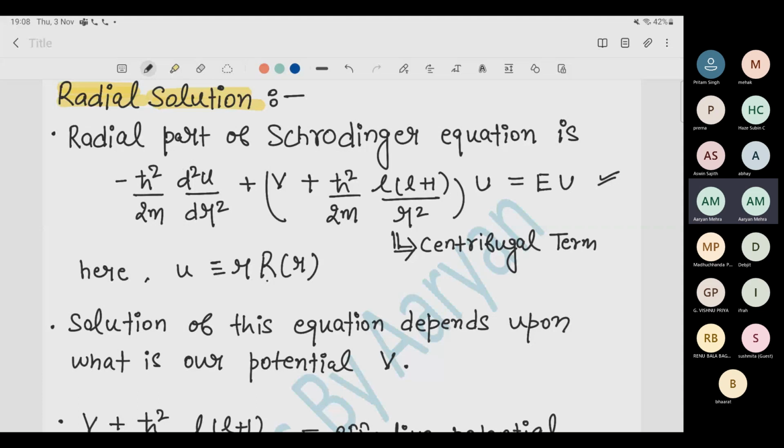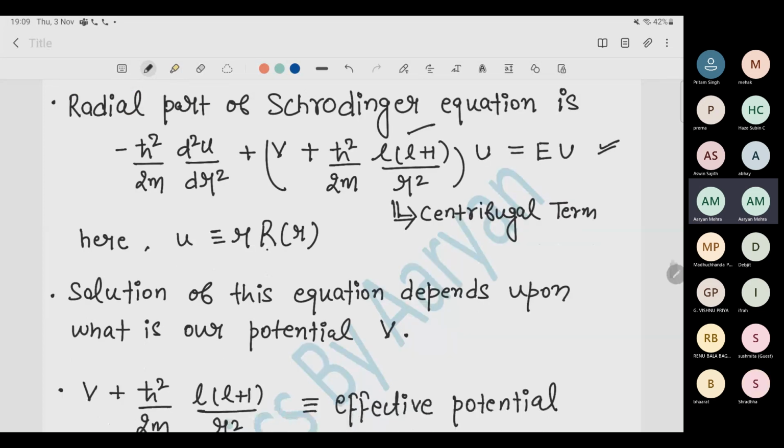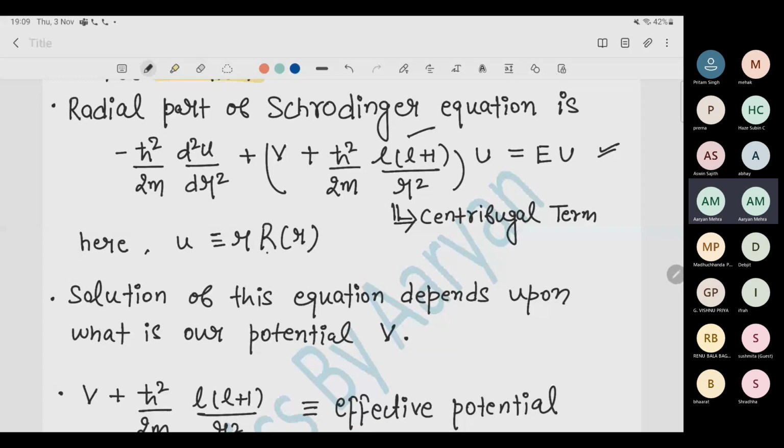It is very similar to the Schrodinger equation. The only thing which is different is the extra term, which is the L(L plus 1) term. Everything else is the same. This part is called the centrifugal term. This comes because when you are in rotation there is some sort of force, an analogy to the centrifugal force.